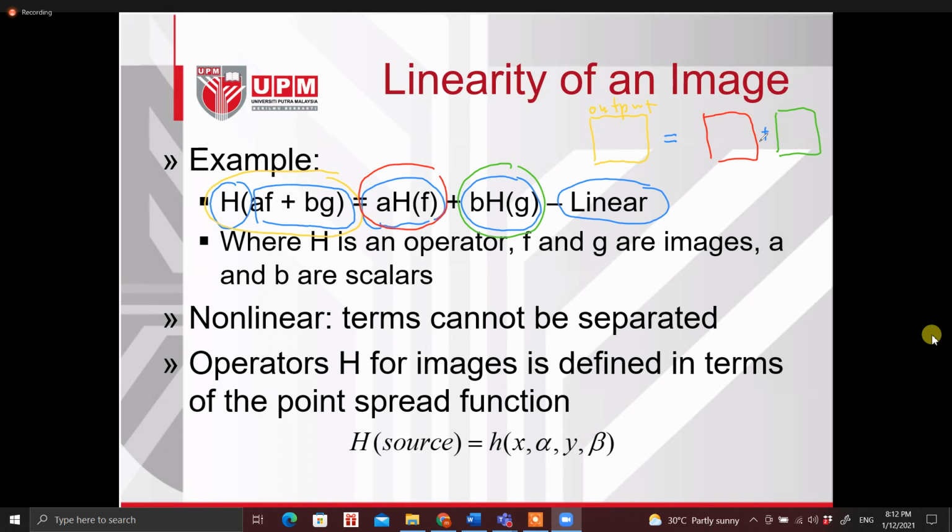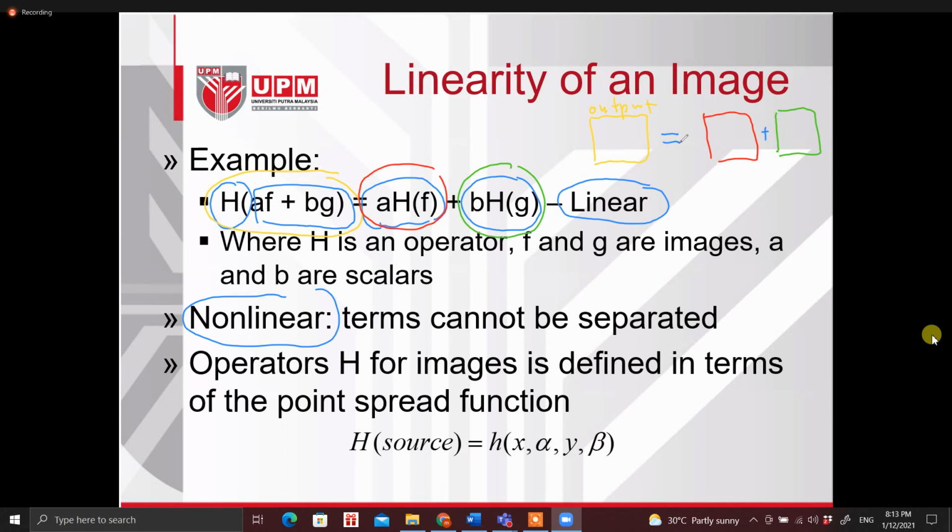If we talk about non-linearity of an image, it means that it cannot be separated into individual images. As simple as that. In our discussion throughout this semester, this is one of the assumptions, in fact a very important assumption that we need to make.